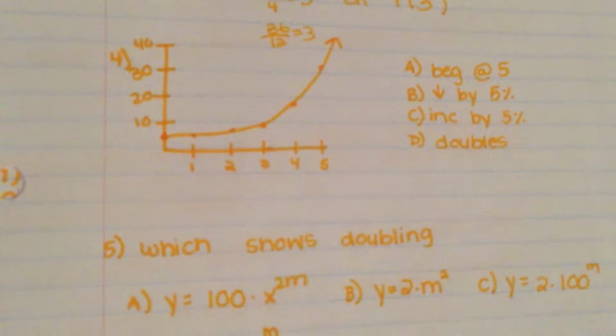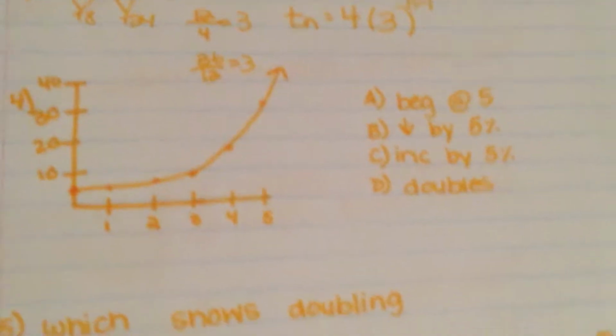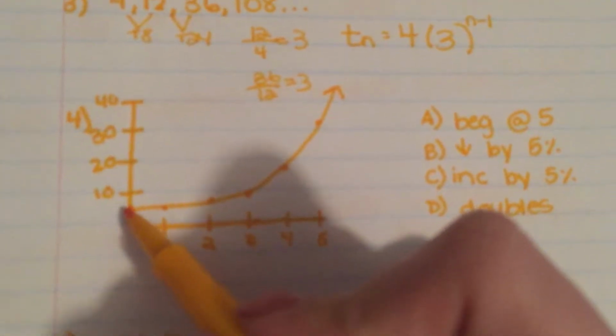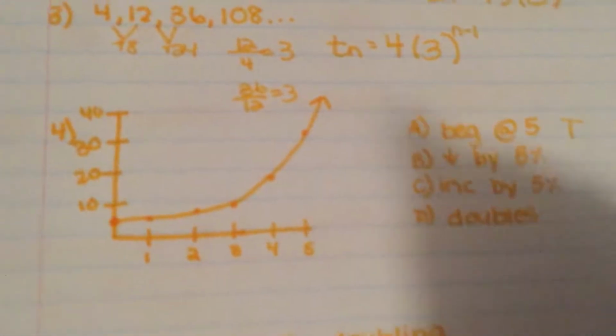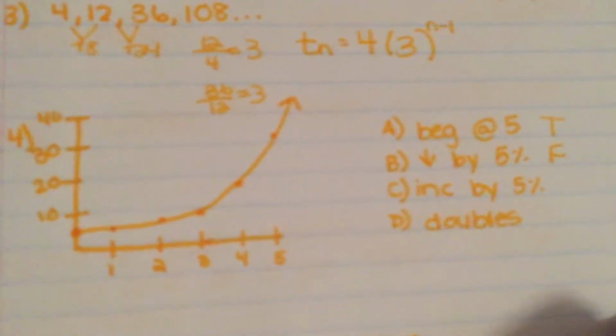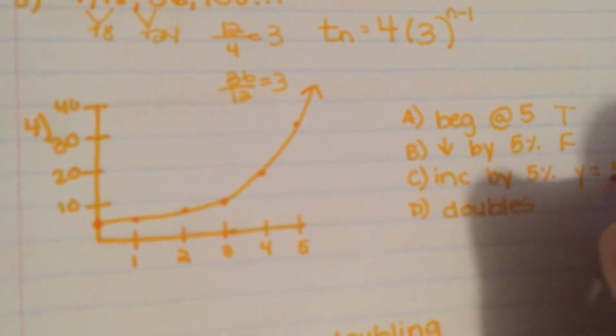Okay, number 4. We have to decide which one is true. So we got to look at them and decide whether it's true or false. So it begins at approximately 5. Halfway between 0 and 10, I'd say that's true. Here, decreasing by 5%. It's definitely not decreasing. That's false. Okay, increasing by 5%. If I was to write my equation, y equals, it starts at 5.